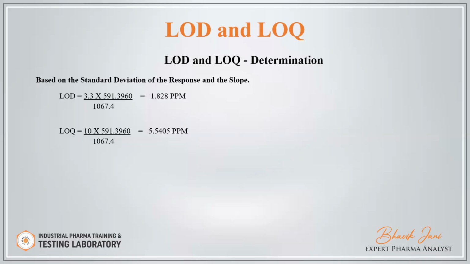So 3.3 into 591.3960, which is the standard deviation, divided by slope. So your LOD value is 1.82 ppm and your LOQ value is 5.5 ppm. By this method, you can determine the LOD and LOQ value.